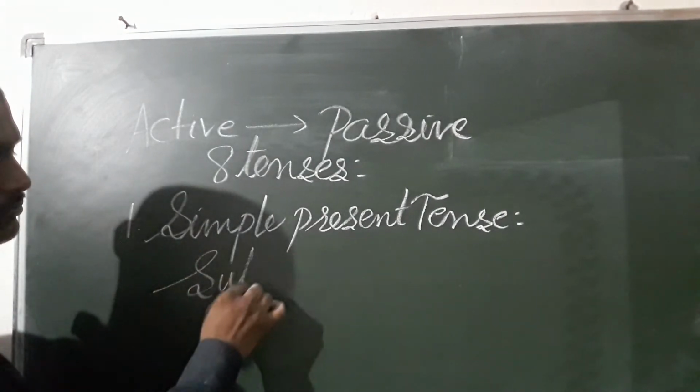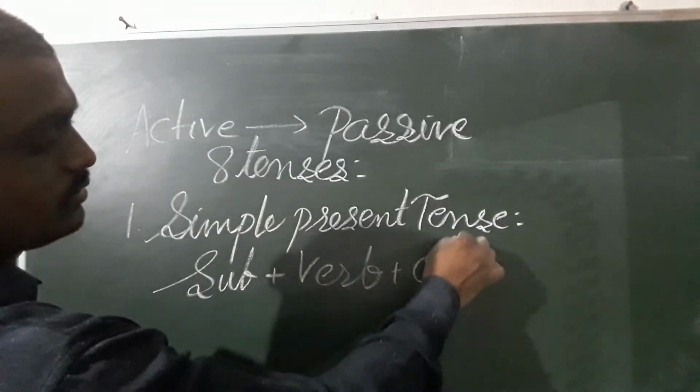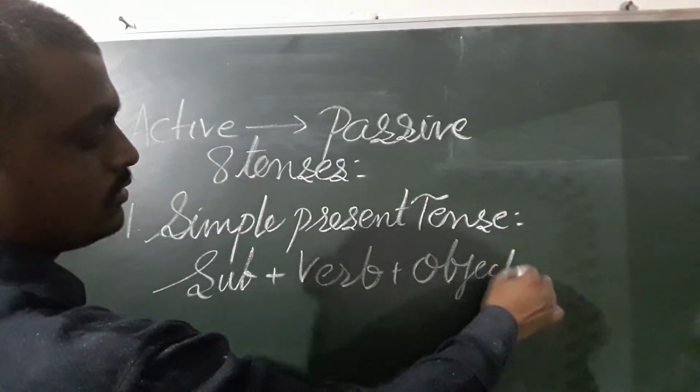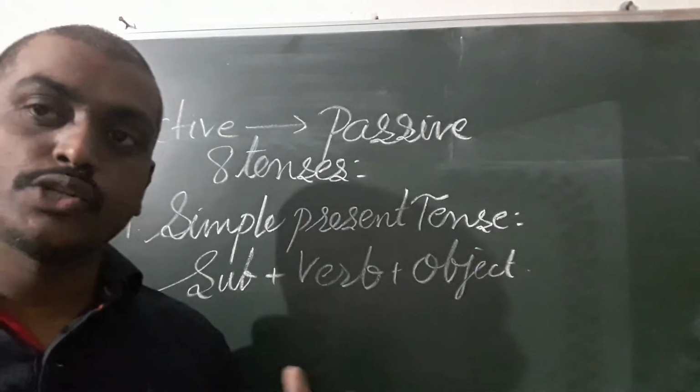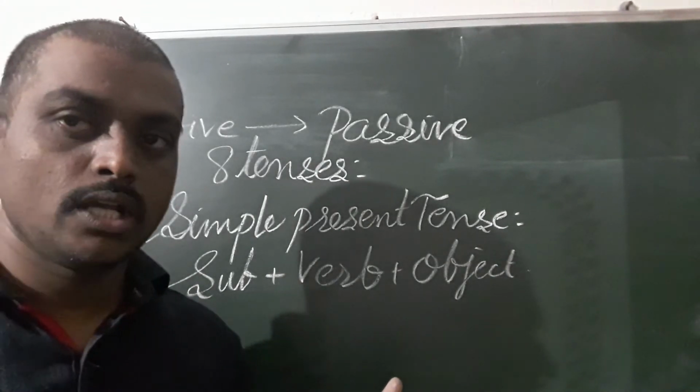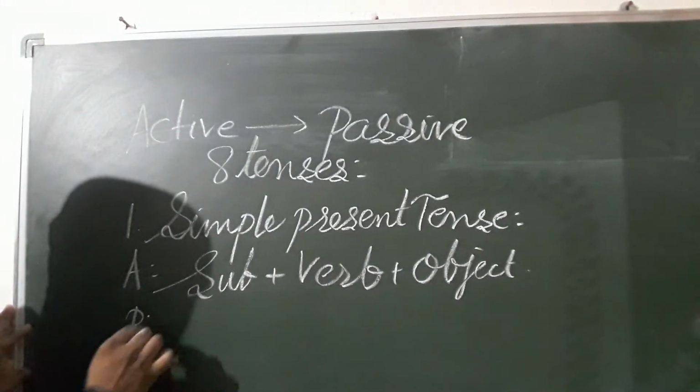Subject plus verb plus object. This is the active voice formula. So what is the passive voice formula?